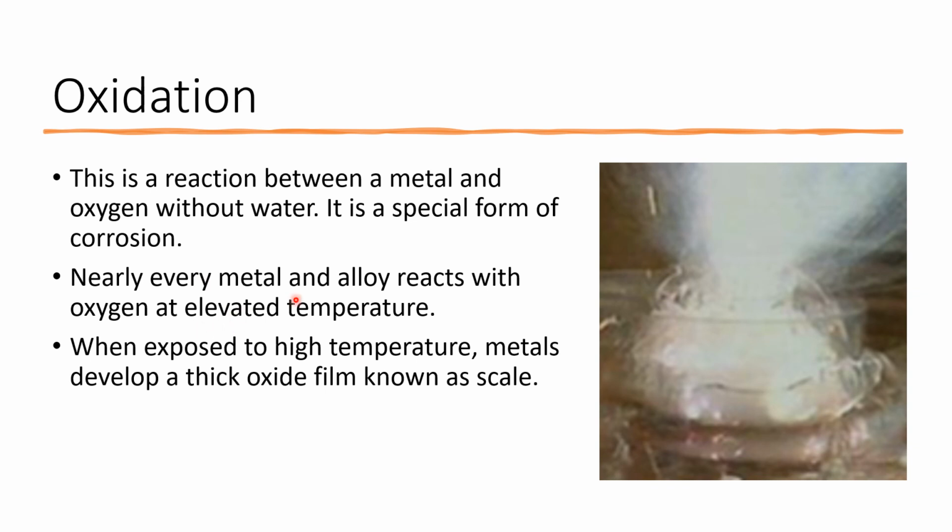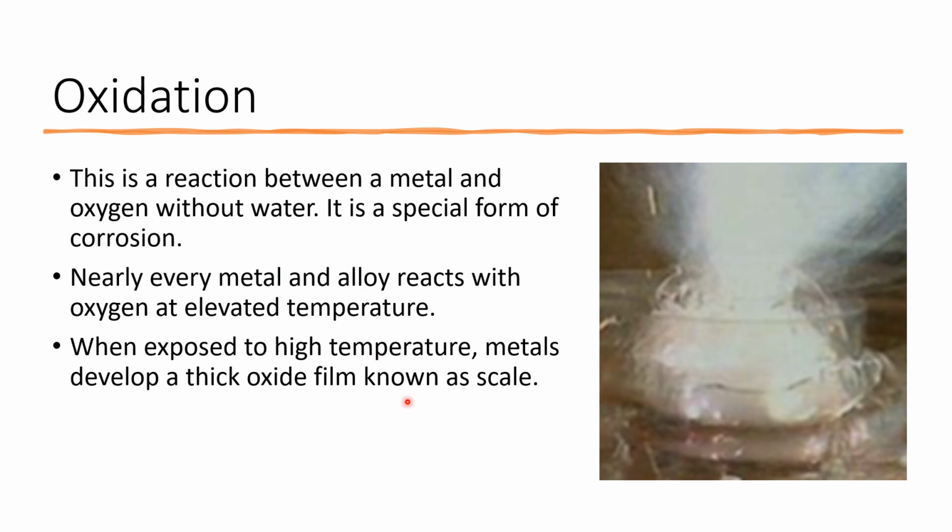Nearly every metal and alloy reacts with oxygen at a higher temperature, okay? At room temperature, even if the metal is in contact with oxygen in the air, it's not going to show that reaction to you. But if you increase the temperature, you're definitely getting that reaction, which is your oxidation.